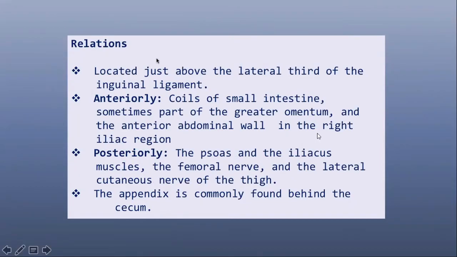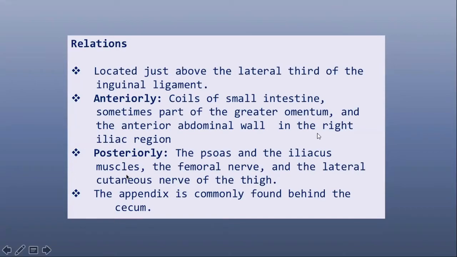Okay, so relations of your cecum: lateral third of the inguinal ligament, of course, it is related. Anterior to it would be the coils of small intestine. Posterior to it, you will find your psoas, iliacus muscle, and the femoral nerve.